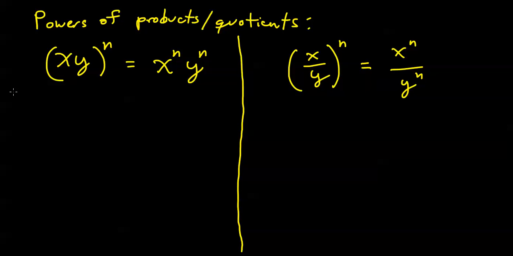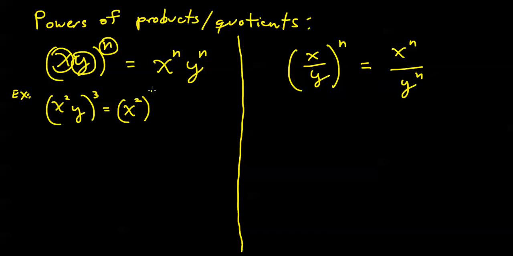Let's say I've got x squared times y in parentheses raised to the 3rd power. Alright, by my power of product rule, I can take my exponent and distribute it over a product and multiply the result. So I can rewrite this as x squared cubed times y cubed.